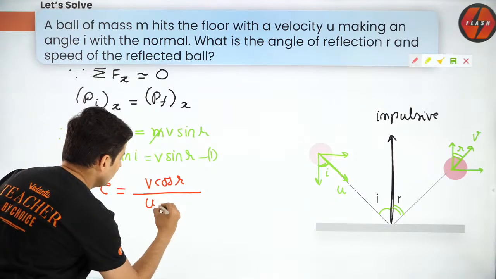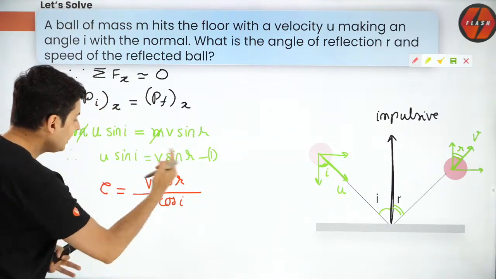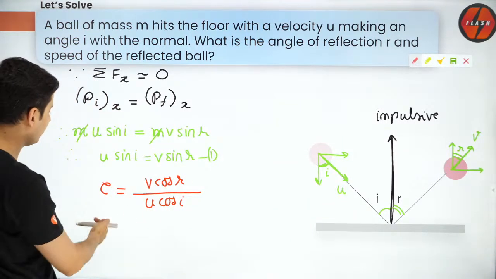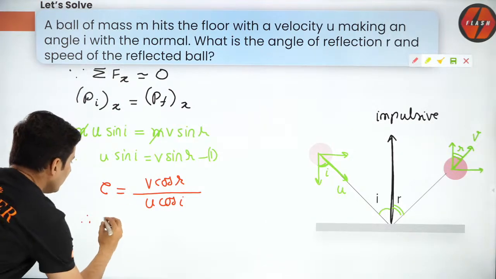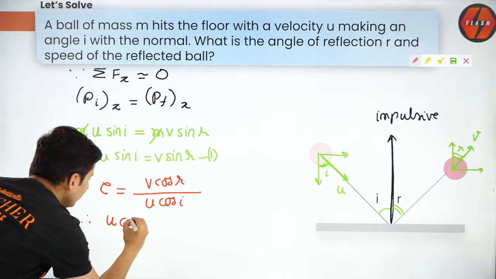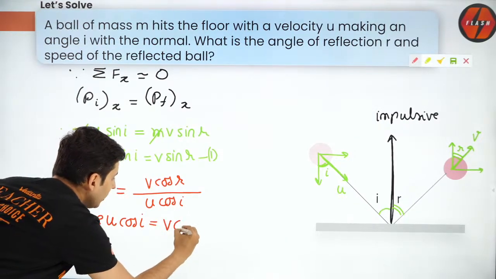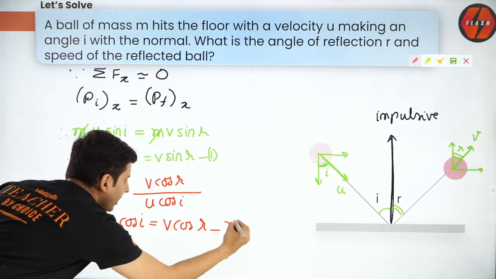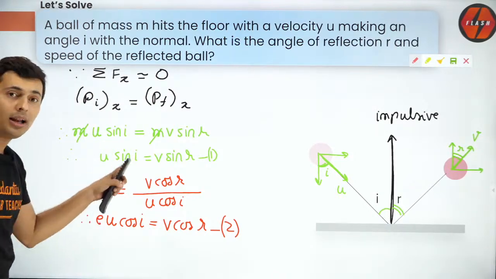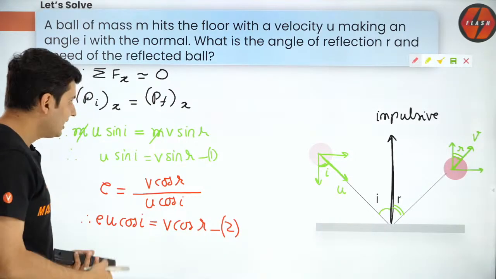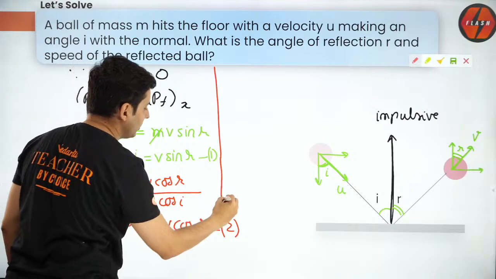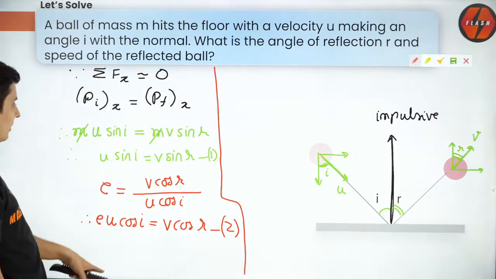Rearrange, take this over there. You will get U cos I times E is equal to V cos R. What are you going to do? Divide. Yes, please divide both of them and you will get the answer.